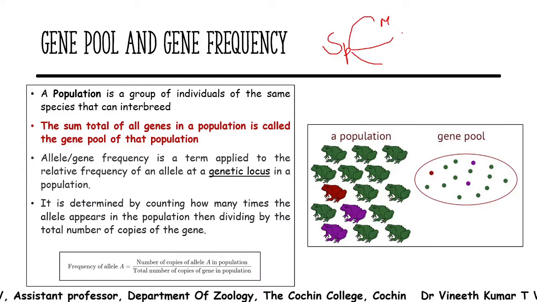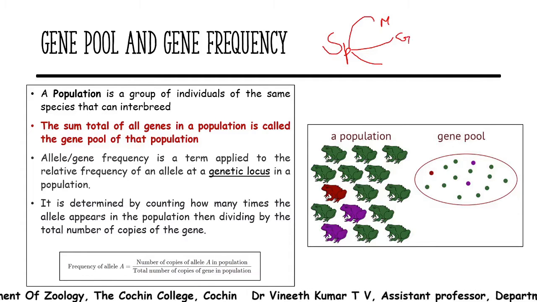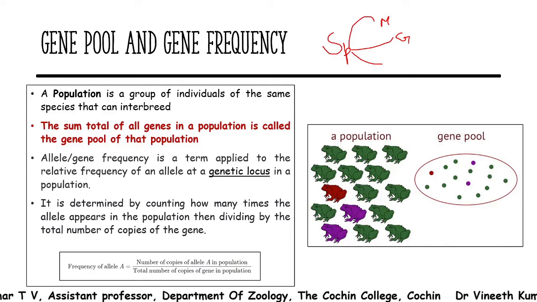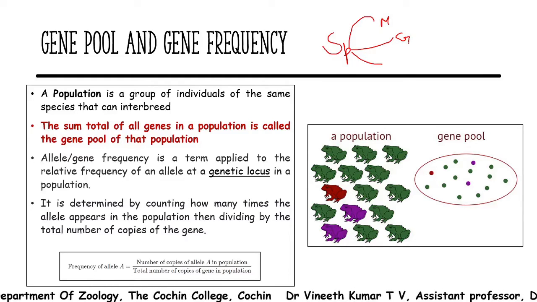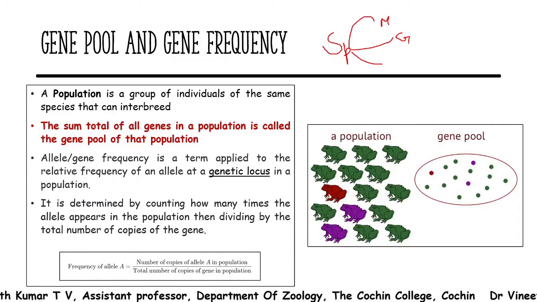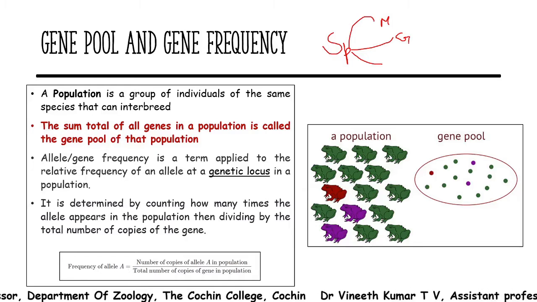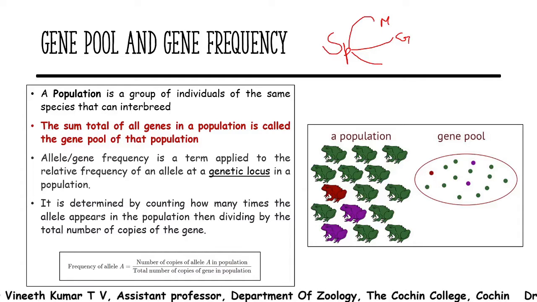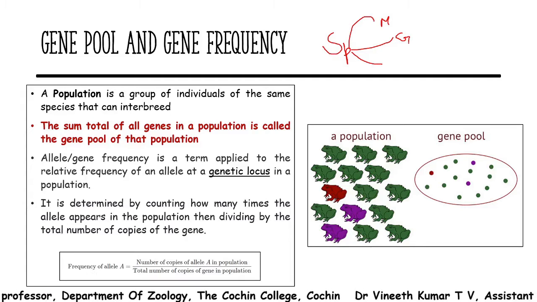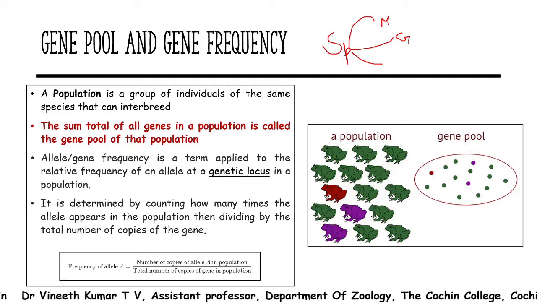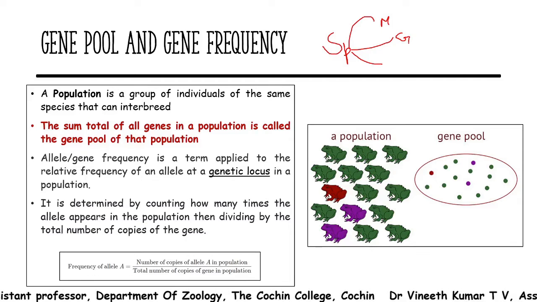The second criterion is regarding their genetic constitution. They should have a distinct genetic constitution, in the sense that the group which you consider as a species should have a distinct genetic constitution when you compare it to another group. For example, human beings, Homo sapiens, have a distinct genetic constitution in the sense that we have the chromosome number 42.